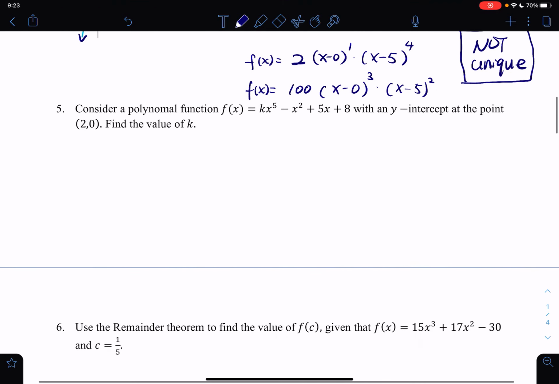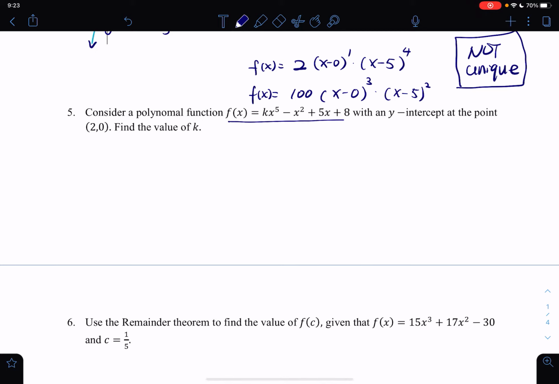The next problem said I have a function that's given to you. I want you to find the particular case of k such that my function goes through the point 2, 0, which is another way of saying f of 2 equals 0. So f of 2 equals 0. It means f of 2 is supposed to be k times 2 to the 5th minus 2 squared plus 5 times 2 plus 8, which is supposed to be 0.